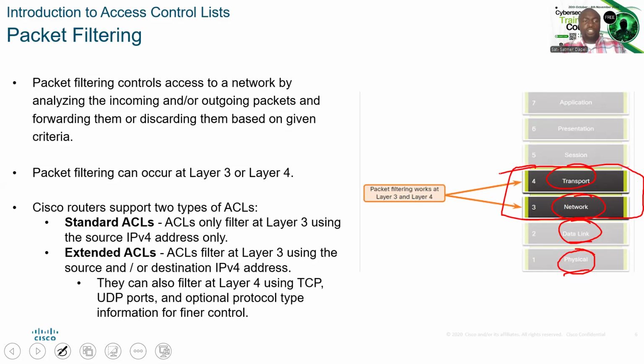Why? Because packet filtering deals with the behavior of traffic and where it's routed and how it goes. Okay, so a Cisco router supports two types of access list: the standard access list and the extended access list. So we'll be looking at those two.